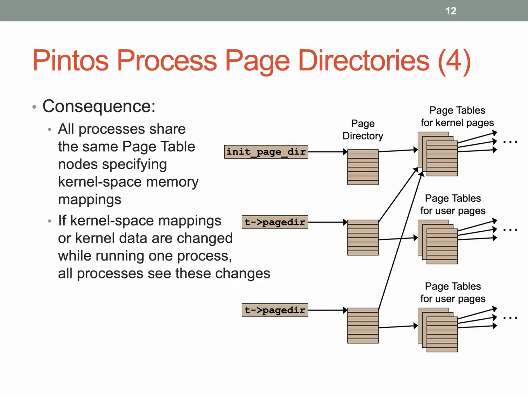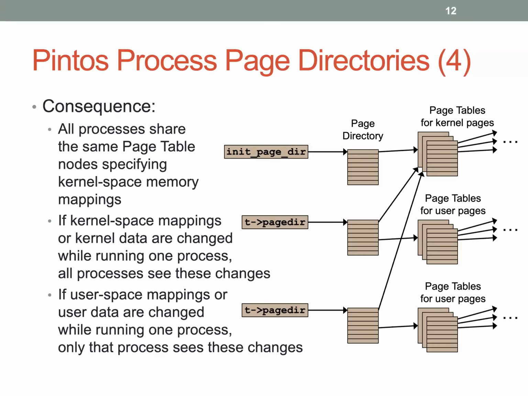If the kernel space map is changed, or if kernel data is changed within kernel space, those changes will be visible from any process that makes those changes. So the kernel will always see its own coherent view of itself.